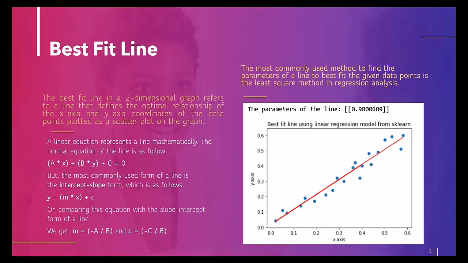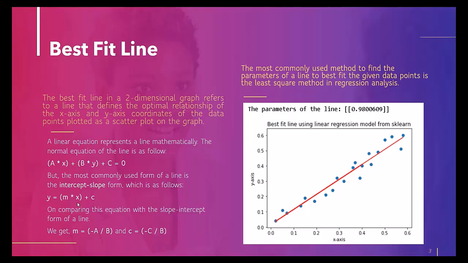But you all know that most commonly we use the slope intercept form of the line, and the equation for this is y equals to m into x plus c, where x and y are the variables that represent the data point, and m is the coefficient of the variable x which represents the slope of the line.